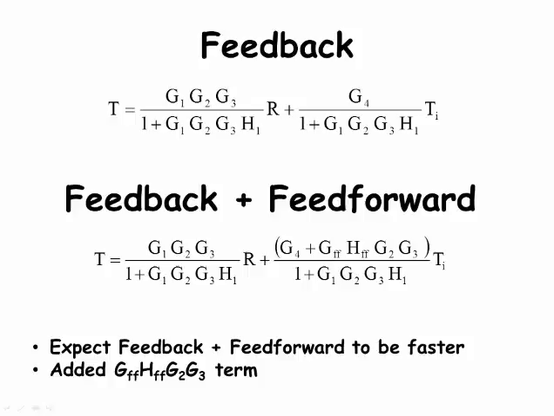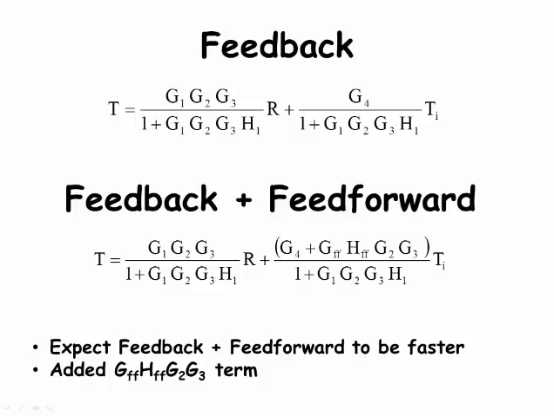The one for feedback control only is on the top, and the one for feedback plus feed-forward is on the bottom. Feed-forward adds the term GFF times HFF times G2 times G3 to the regulator term of the overall transfer function. Feed-forward tuning is beyond what we can cover in this course.